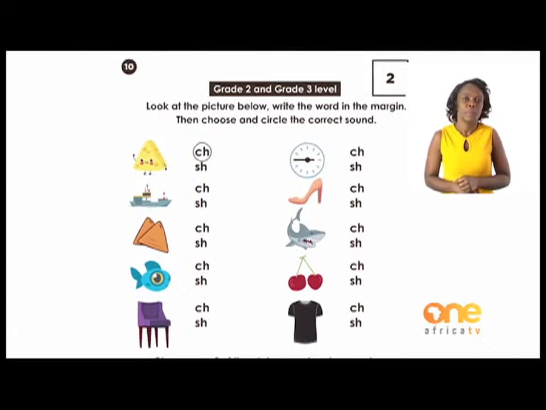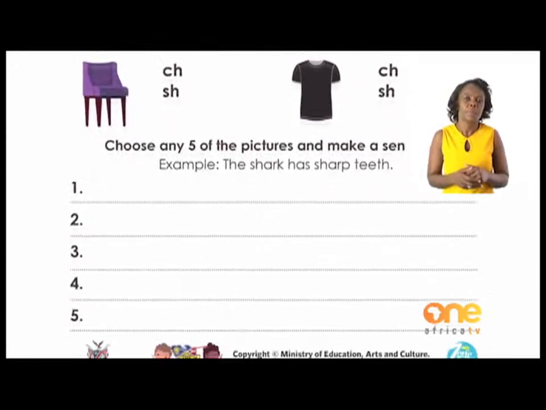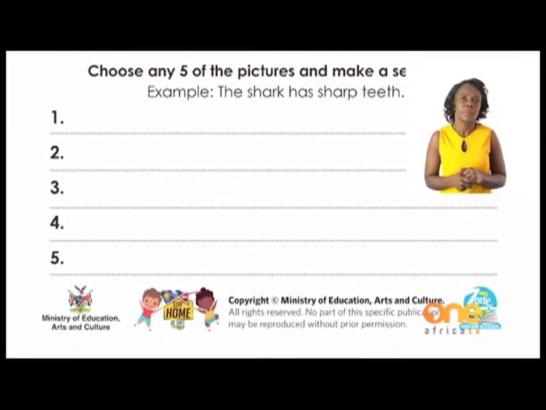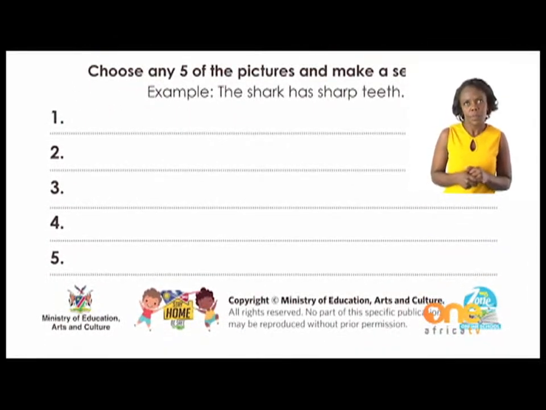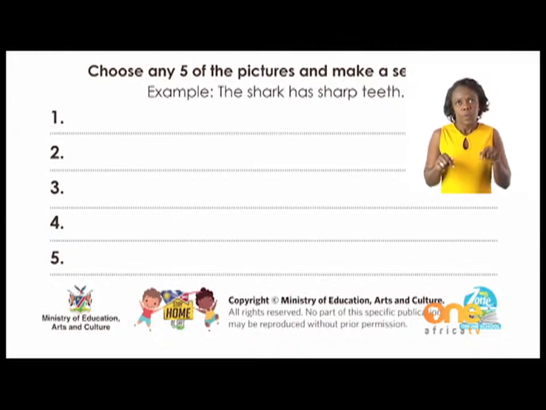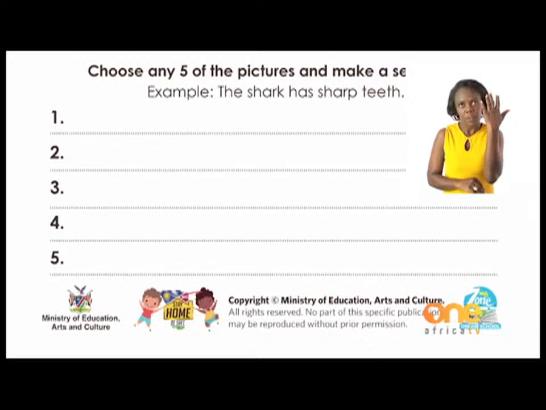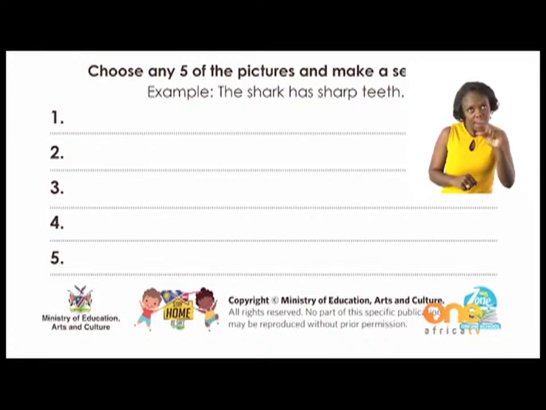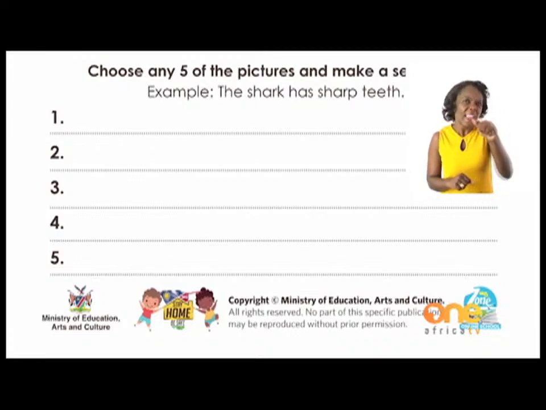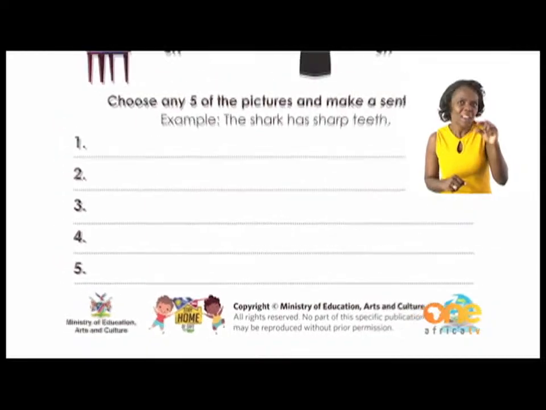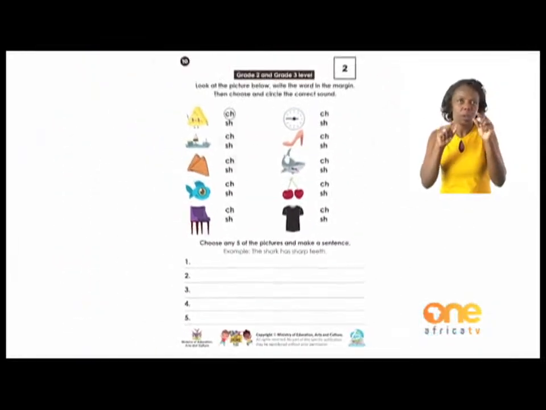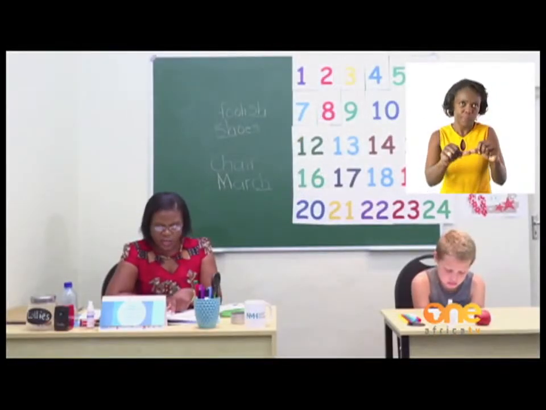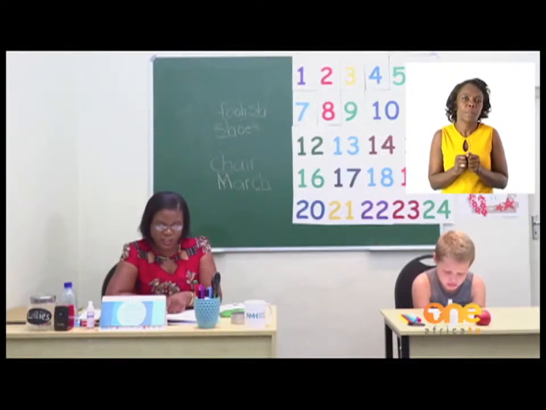Let's go down to the next exercise, just below. Now you have to choose any 5 of the pictures on top there, and you come up with your own sentence. You make your own sentence with any of the words on the pictures. Choose 5. For example, the shark has sharp teeth.